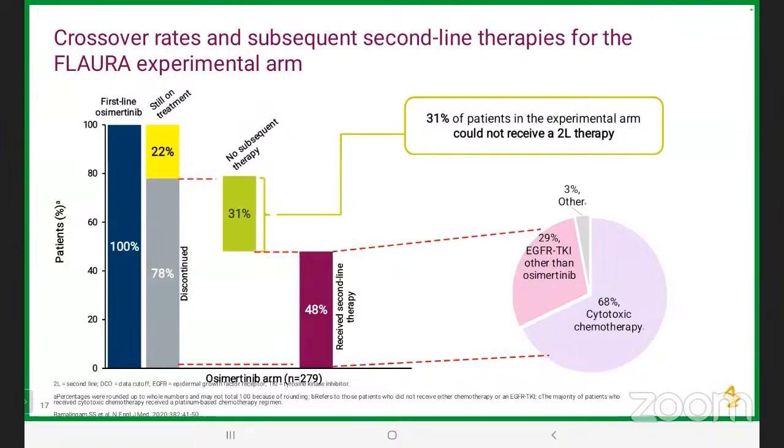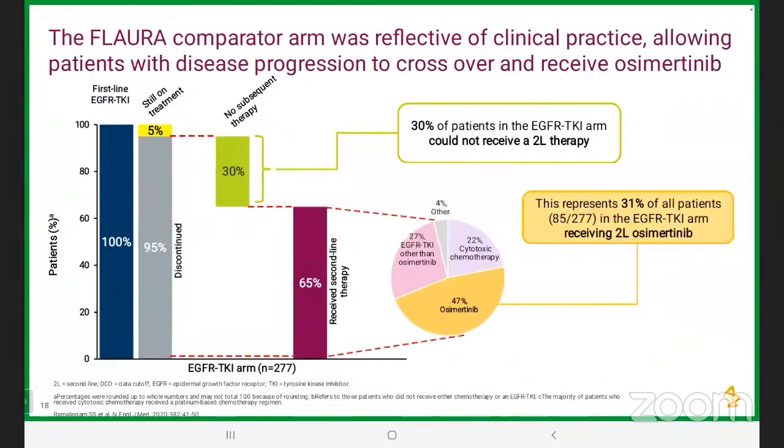So this also clearly describes that not all the patients, even though they were in the trial and had this opportunity to take osimertinib on progression, could take osimertinib. So only 31% of the patients in the experimental arm could not receive second-line therapy.